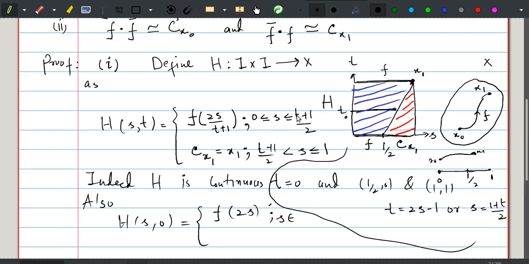When t is 0, this is half, so s belongs to the interval 0 to half, and it is the constant path in the remaining interval.